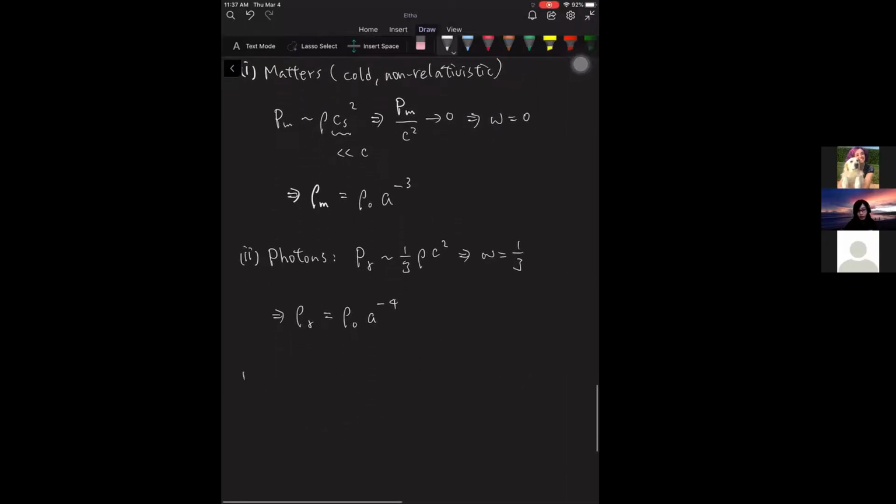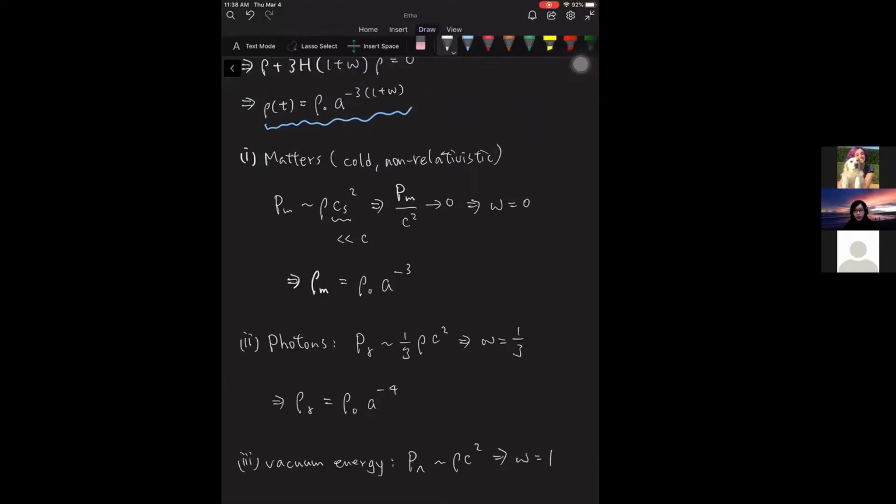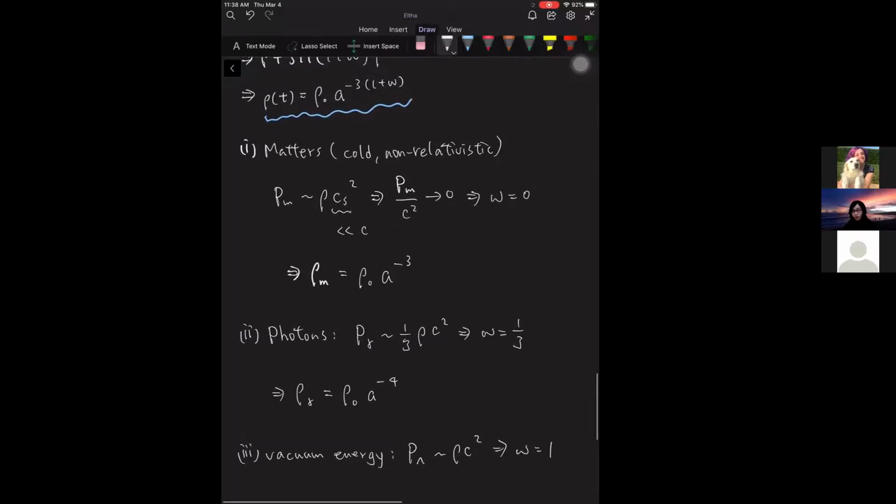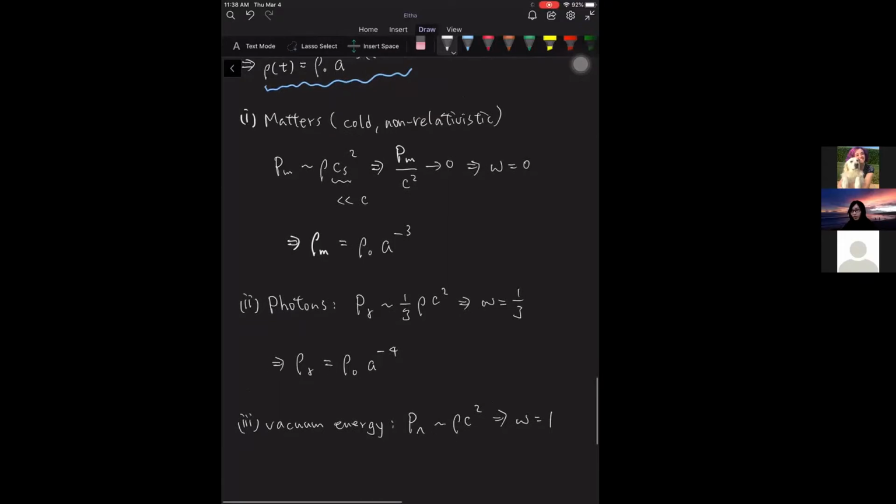Okay, and then last, for vacuum energy, the pressure is approximately minus rho c squared.